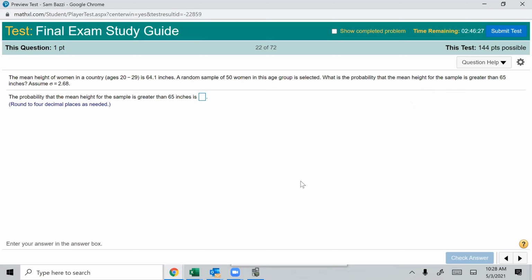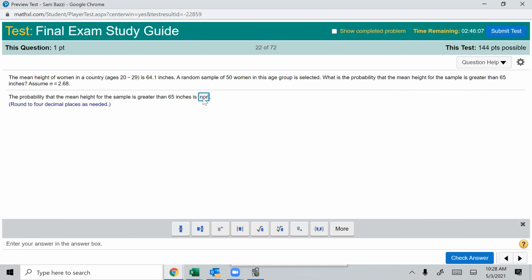The mean height of a woman in a country, that tells you how important this chapter is, guys, normal distributions. The mean height of a woman in a country aged 20 to 29 is 64.1 inches. A random sample of 50 women in this age group is selected. What's the probability the mean height of the sample is greater than 65? So it's going to be normal CDF greater than 65, then a million.